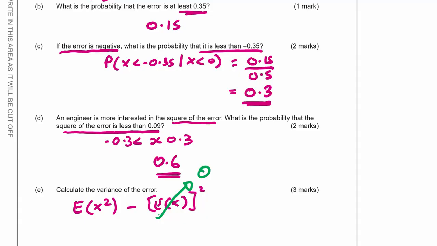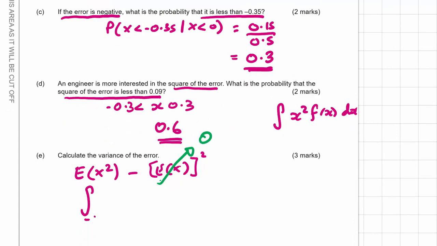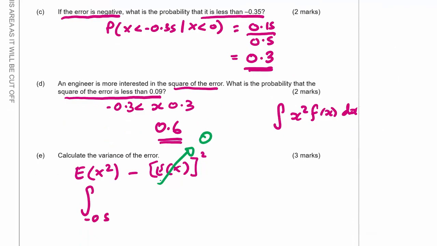So what we're going to do is we're just going to have the integral. Remember, the expectation of x squared is the integral of x squared f of x dx. So that is going to be from negative 0.5 to 0.5. And of course, the function itself is of height 1. So it's just going to be x squared dx.